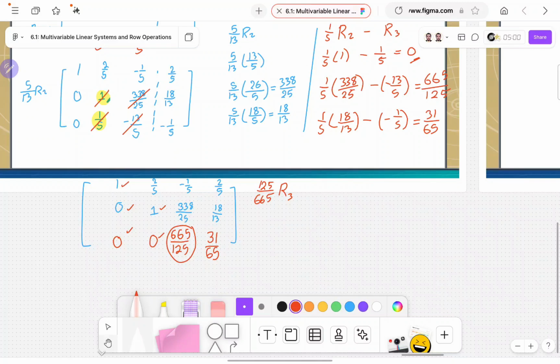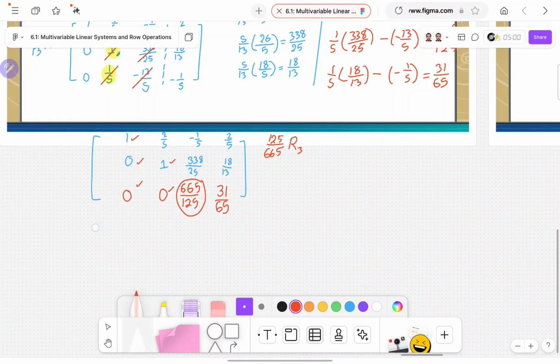Okay, so now let's do it here. Let's write it down. 1, 1, 2 over 5, negative 1 over 5, 2 over 5, 0, 1, 3, 3, 8, 25. Then 18 over 13.